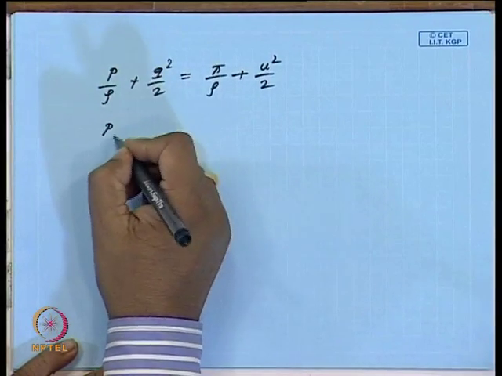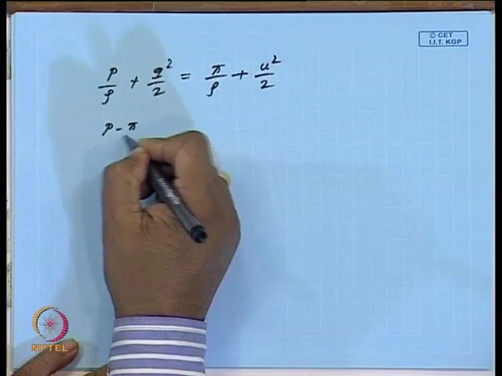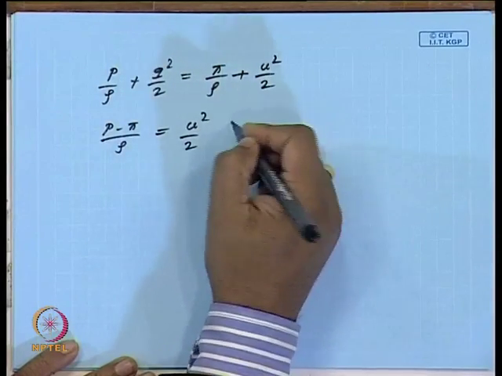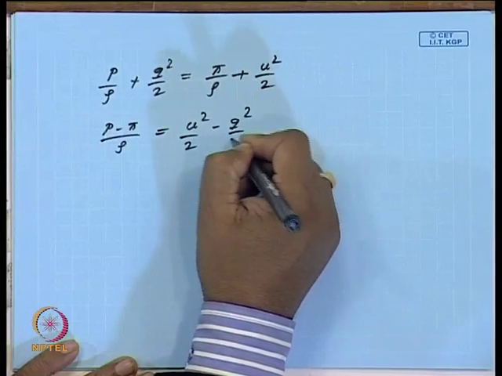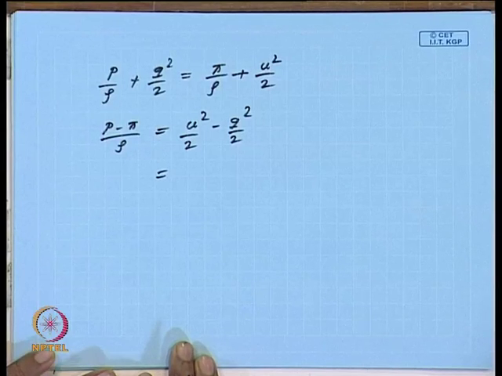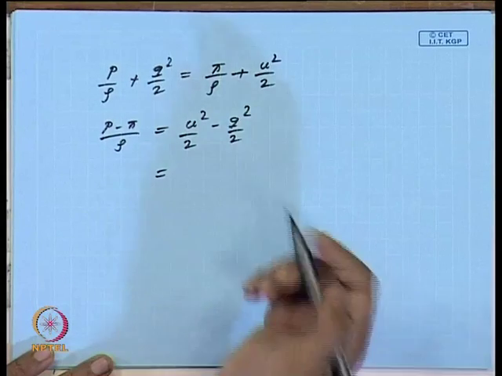and already I know on the cylinder. So my p by rho, or rather p minus p infinity by rho is equal to u square by 2 minus q square by 2, and on the surface of the cylinder, my q is 2u sin theta.